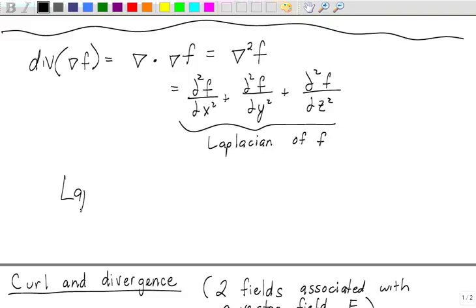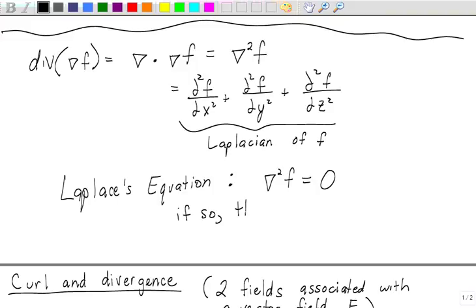And Laplace's equation is del squared f equals 0. If that's true, then f is called a harmonic function. You can study these in differential equations.